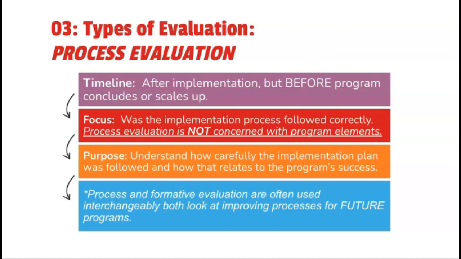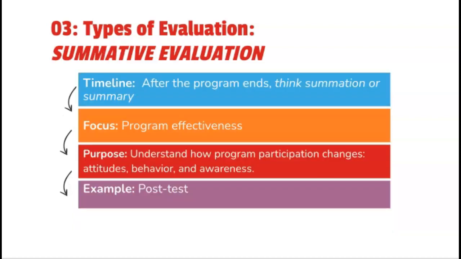Was it implemented according to the procedure set forth? If not, what do we need to do to adjust it before we roll it out to another department within the hospital, like labor and delivery? You're trying to make the process smoother. You would use formative evaluation or some of these other evaluation concepts we're going to talk about to make sure that you're reaching your desired outcomes, but you need to make sure that the process is followed correctly.